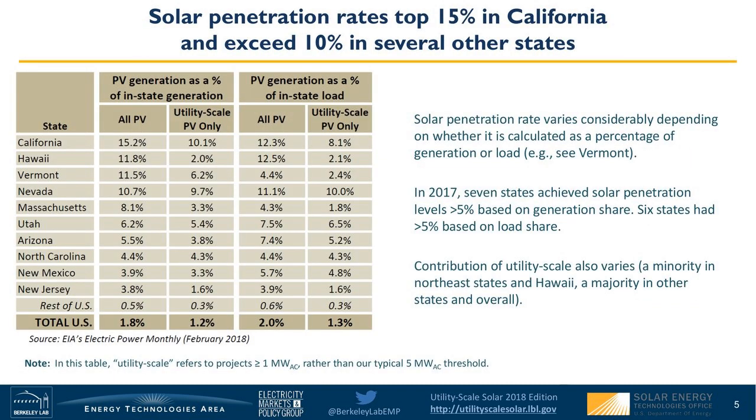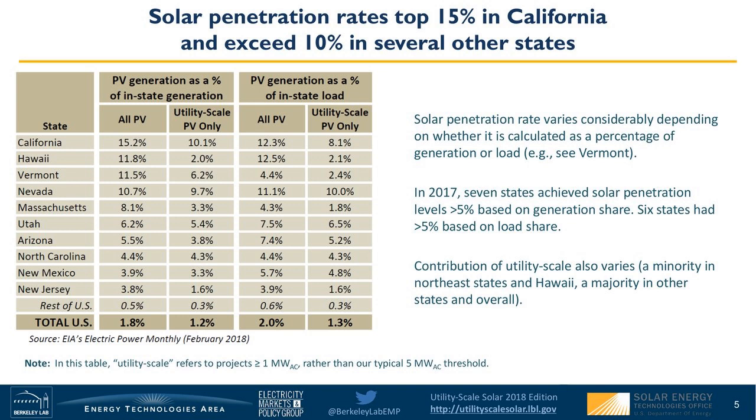As a result, a number of states now exceed 10% solar penetration, with California even higher than that at about 15%. The numbers do vary a bit, and the relative state rankings shift around a bit, depending on whether you calculate solar penetration as a percentage of in-state generation or instead as a percentage of in-state load.